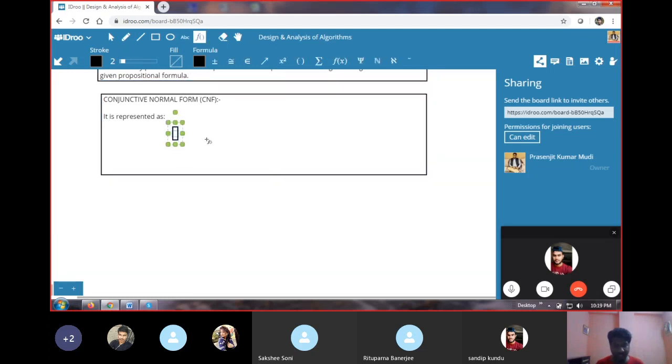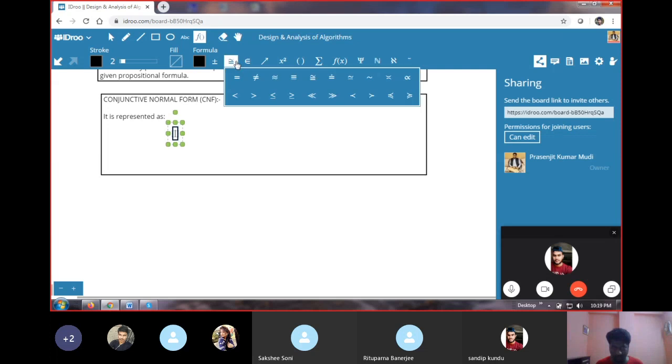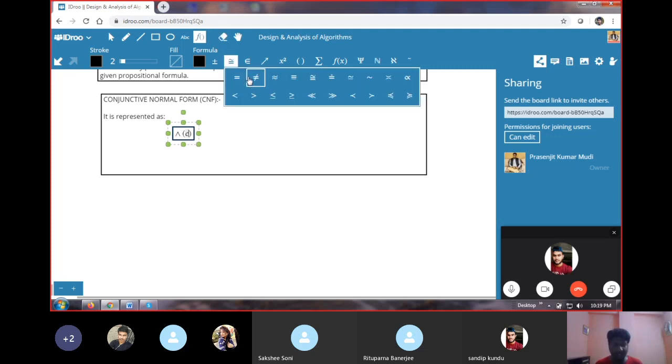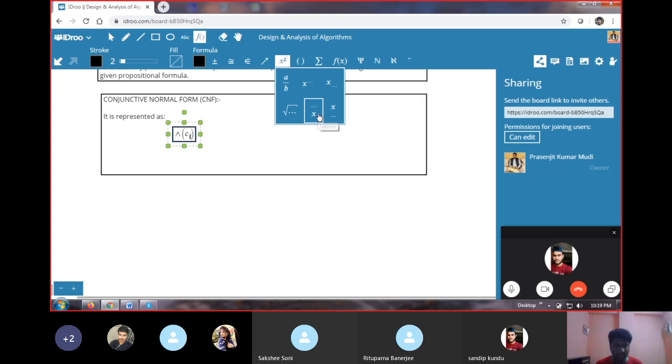So it is represented as Ci, small ci, where i is equal to 1.